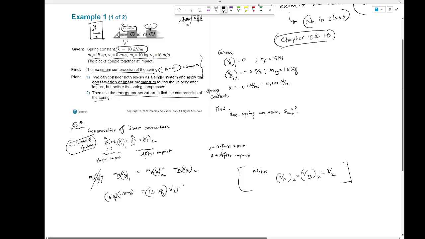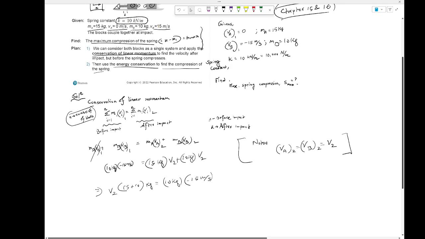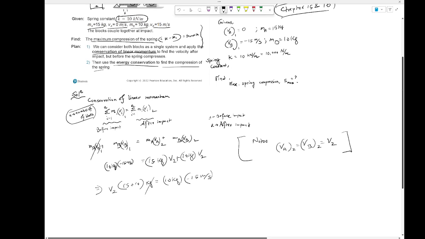And then I should be writing like 10 kg multiplied V2. I should be doing the math and come up with the value of V2, which by the way should be like 15 plus 10. I'm just rewriting the same thing. I have this 10 kg here multiplied the 15. So there's the negative, right? Don't forget about the negative, and there's the reason behind that that you shouldn't forget.